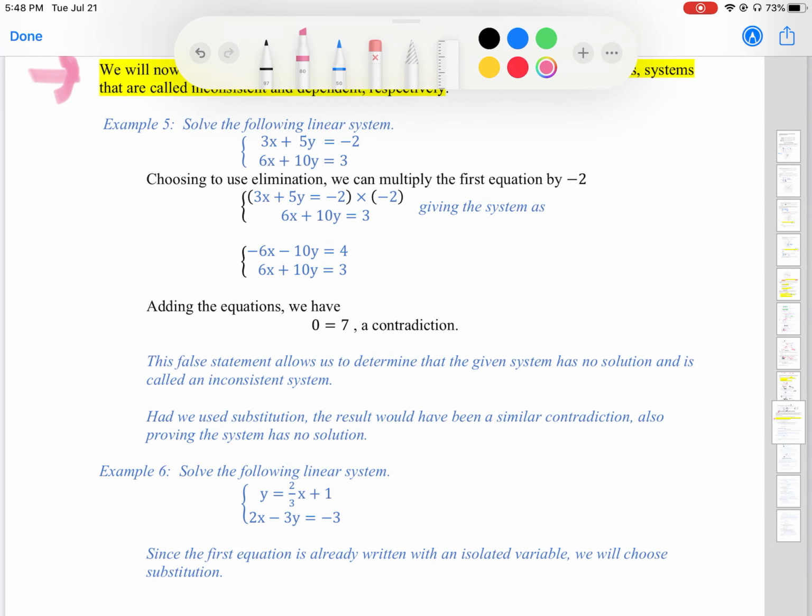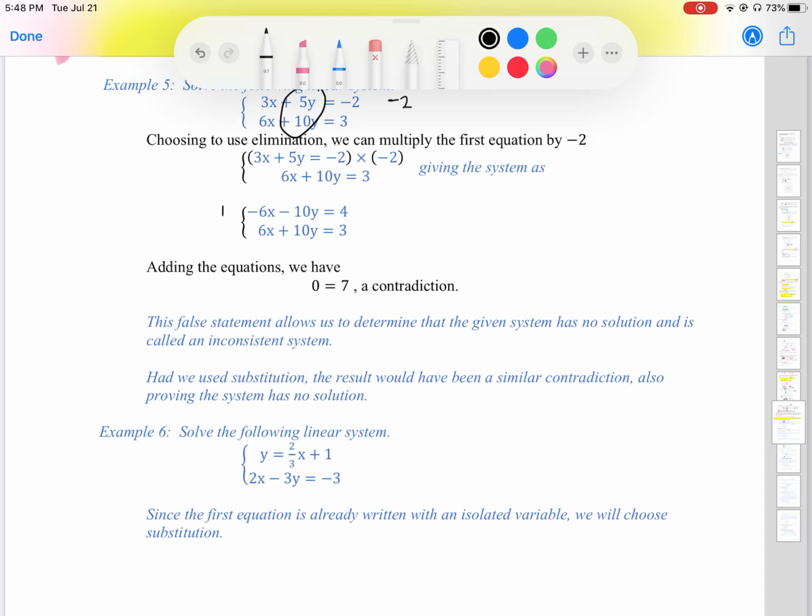All right, so let's go ahead and work on example 5. Let's try to solve using elimination. All right, so let's multiply the first one by -2 because I want to make those 0. All right, so I'm left with -6x minus 10y equals -4, and 6x plus 10y equals 3.